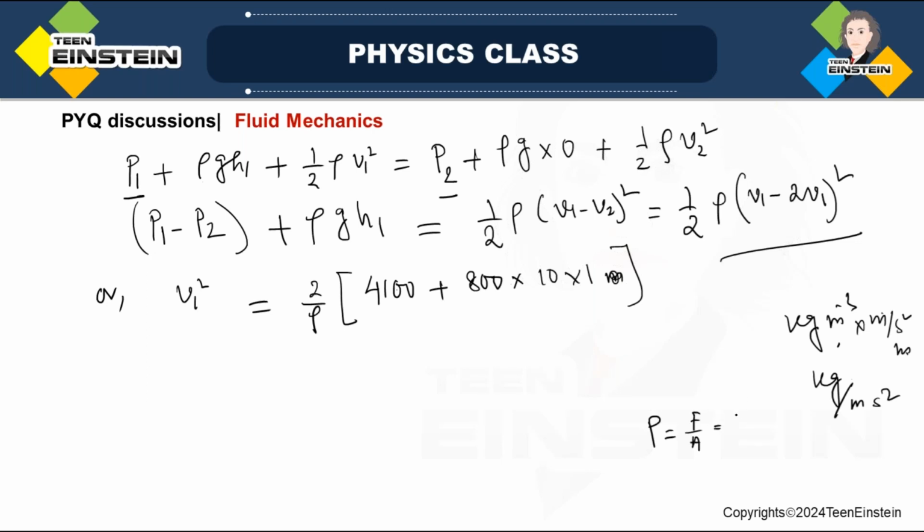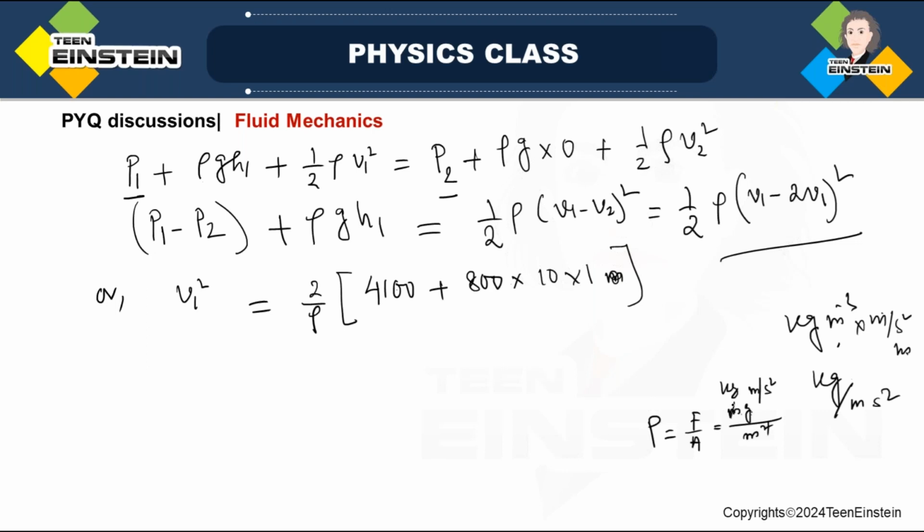That means, in terms of unit, this is m into g, so this is kg meter per second square, and this is actually meter square. So 1 meter will be down.